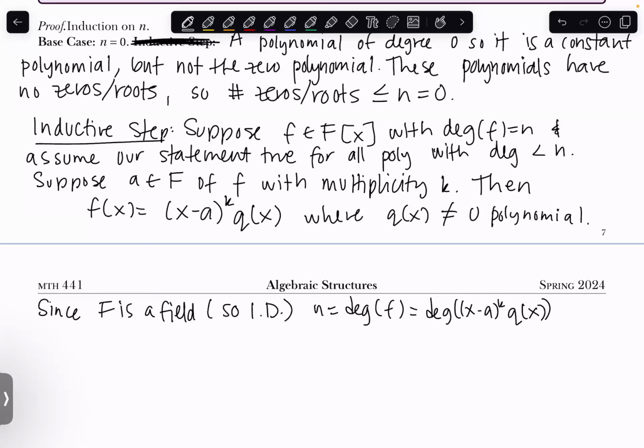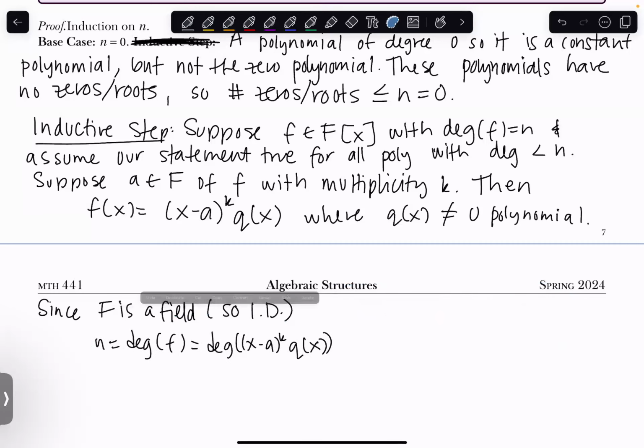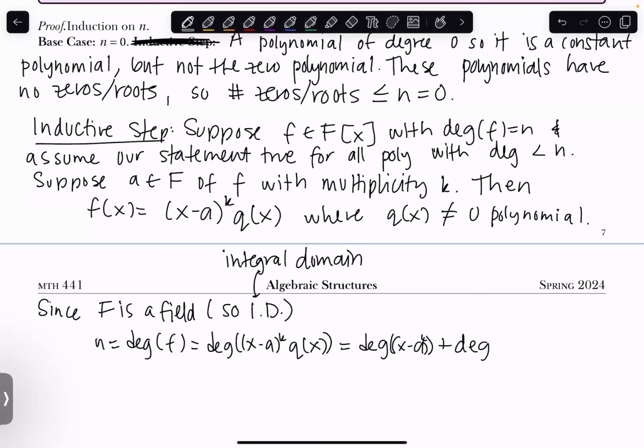Okay, and I want to think if neither one of these is 0, I can just add up the degrees of both of these here. But really, I need the integral domain to be able to think about what happens to the degrees of products.